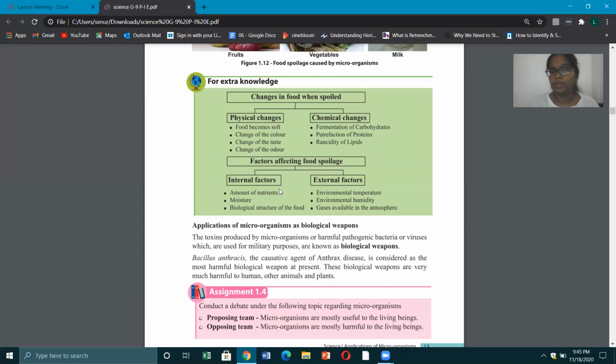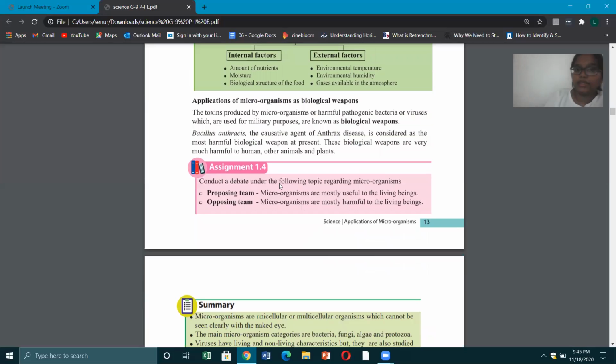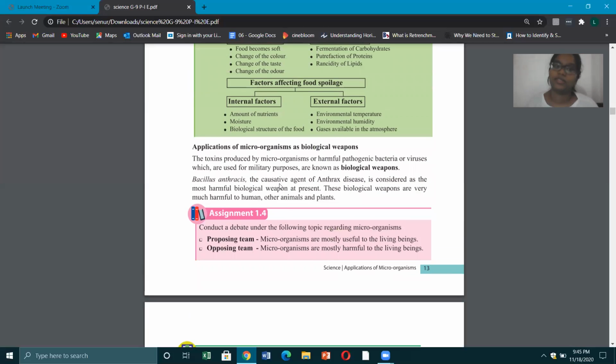And the gases available in the environment. So those are external factors that could affect food spoilage. And another adverse effect is the fact that these microorganisms are being used as biological weapons. The toxins produced by microorganisms or harmful pathogenic bacteria or viruses are used for military purposes and are known as biological weapons.